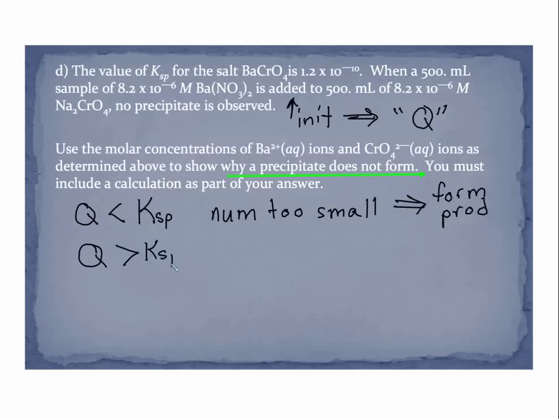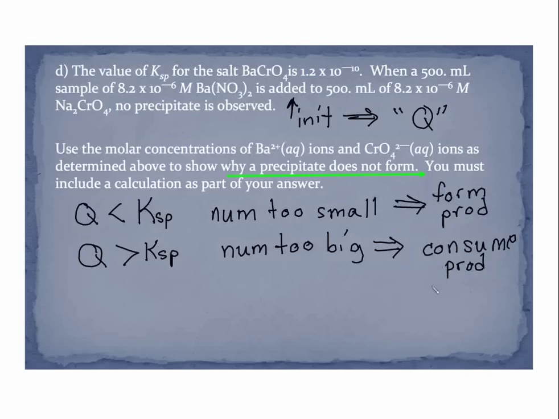Okay? Now, if Q is greater than KSP, it means that your numerator is too big. You can think of it in terms of denominator, but I tend to think just in terms of numerator. It's a little simpler for me. That means I have too much product. That means I need to consume product.